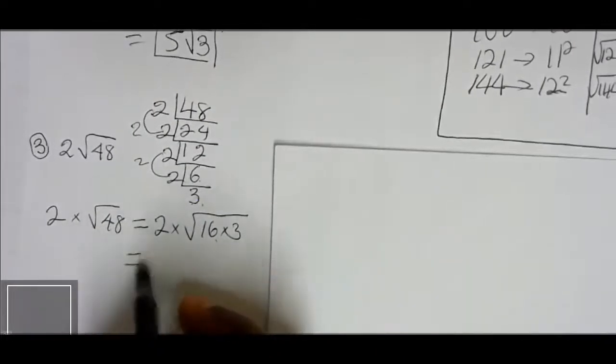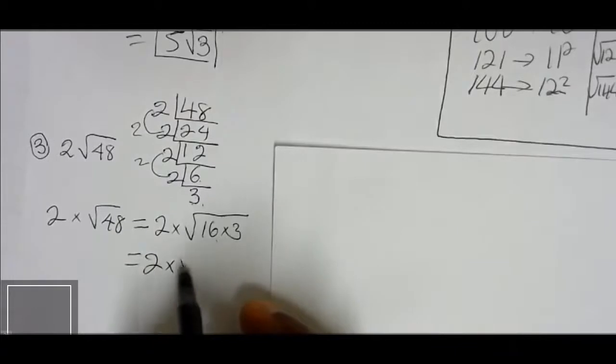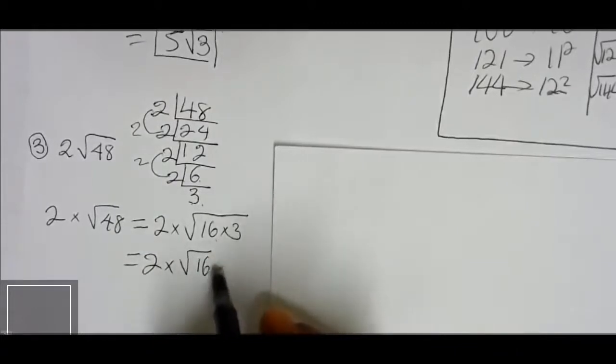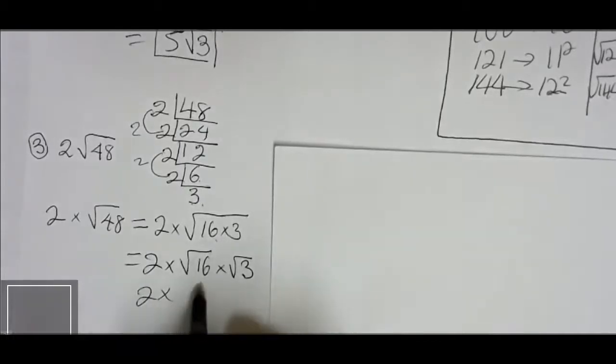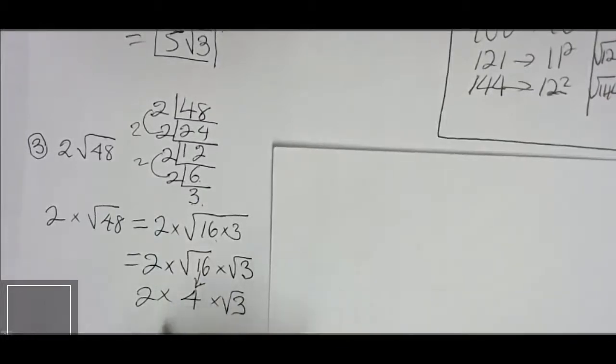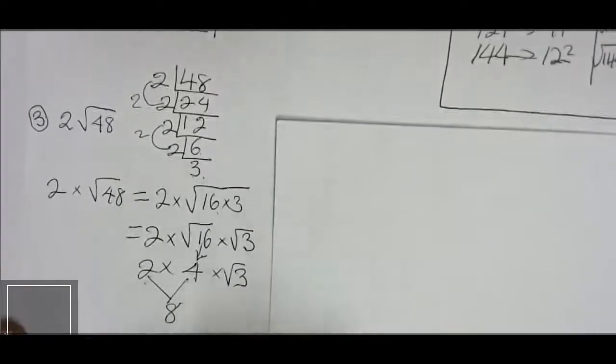Here we keep the 2, and we split square root of 16 and square root of 3. Square root of 16 is a perfect square, 4 times 4 is 16, so we change that to 4, and we keep the square root of 3. Now the 2 and 4 are ordinary numbers, so 2 times 4 is 8, and then we keep the square root of 3.